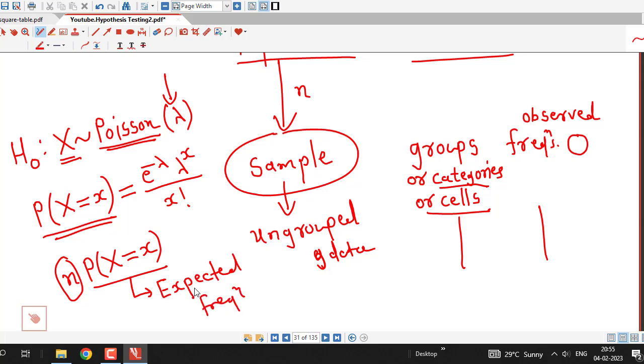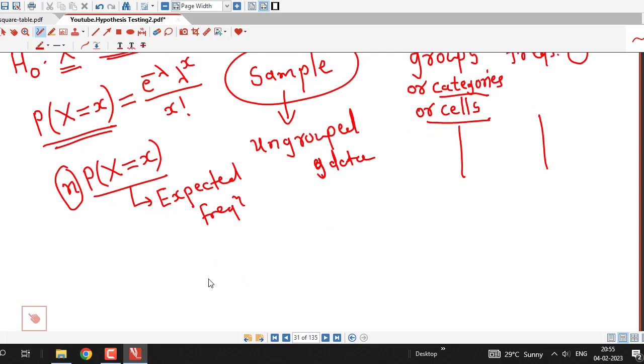And once we obtain expected frequencies, we check that all the expected frequencies are at least 5, or greater than or equal to 5.